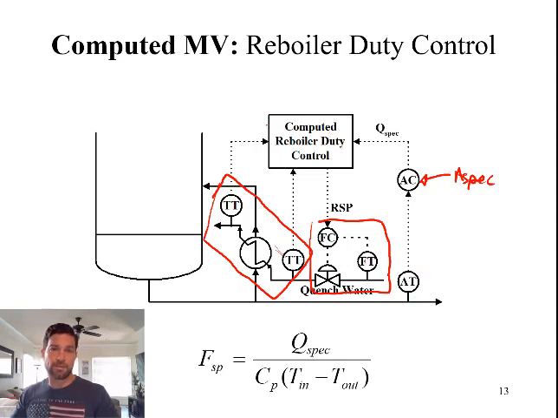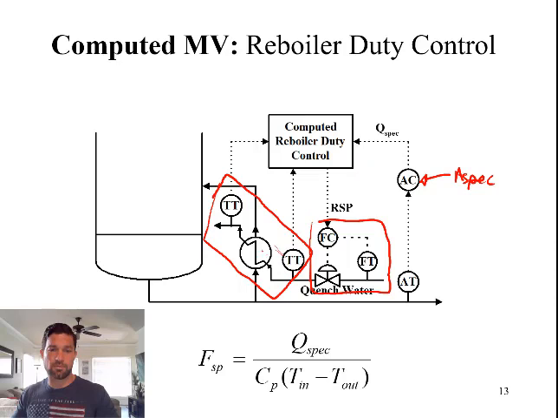We use the computed manipulative variable to achieve better control because we know how much heating is required to keep the composition where we need it to be. We don't know the temperature required, we don't know the flow required to keep the composition where it needs to be. We know the heating required to keep that composition. So we set the flow based on measurements of the temperature difference and specified heating rates.